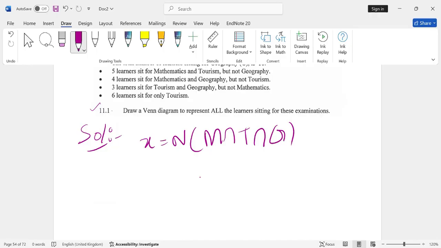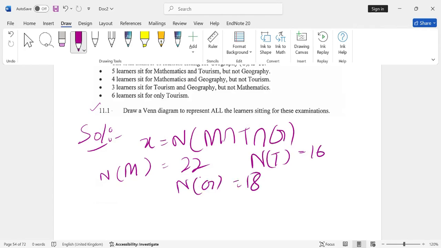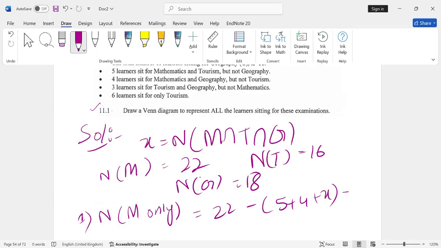So I will set up the calculations to find x. n of M is 22, n of T equals 16, and n of G equals 18. First, n of M only is 22 minus (5 plus 4 plus x), which equals 13 minus x.